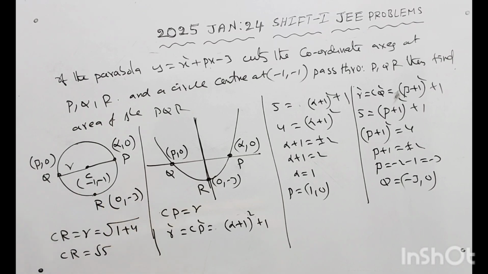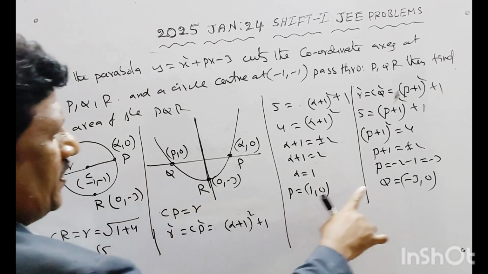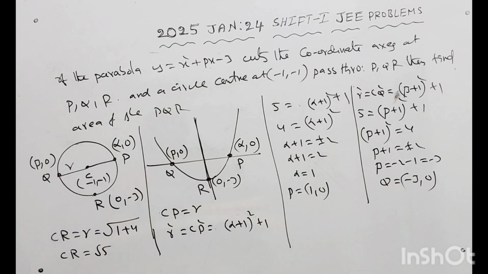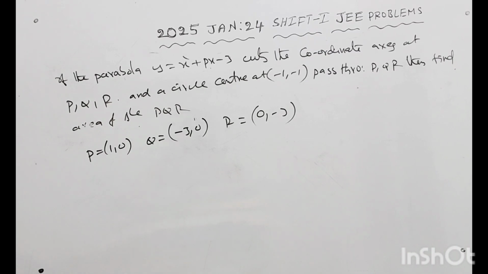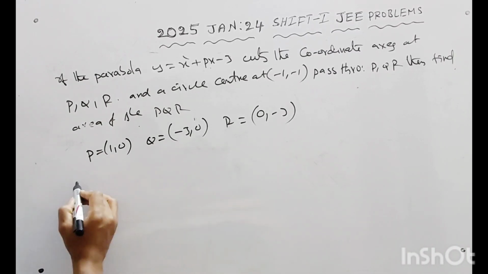The R point is 0 comma minus 3. With the help of these 3 points, we need to find the area of triangle PQR.